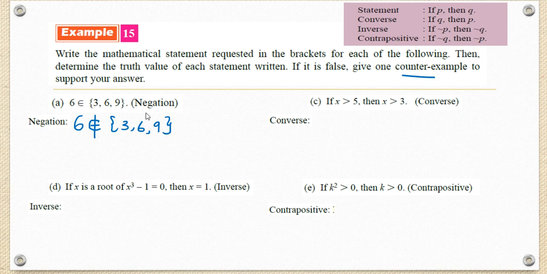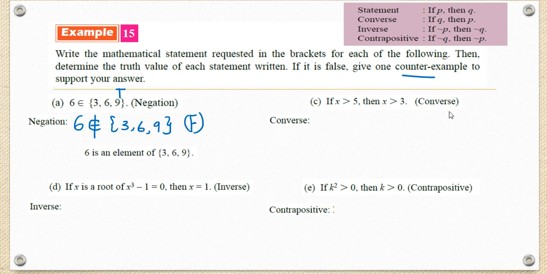Is this true? Now this is true, right? So when you negate it, the statement will become false. So if it is false, give one counter example. Why is it false? Because 6 is the element of this set. So this is your answer. 6 is an element of {3, 6, 9}. This is your counter example.